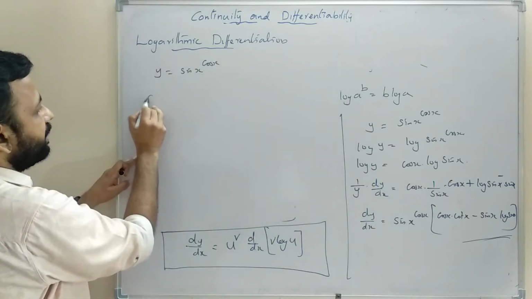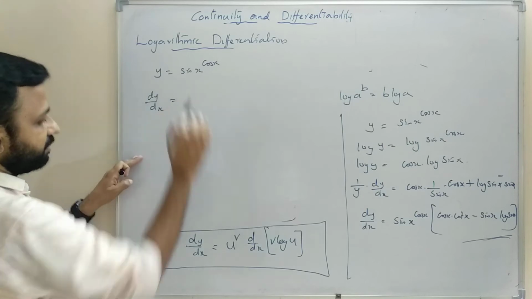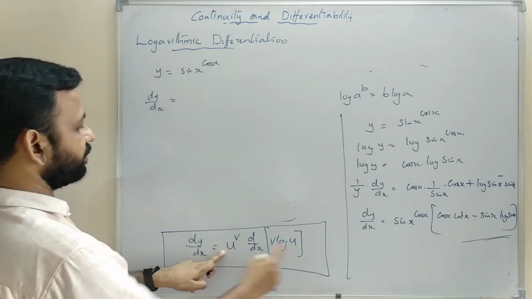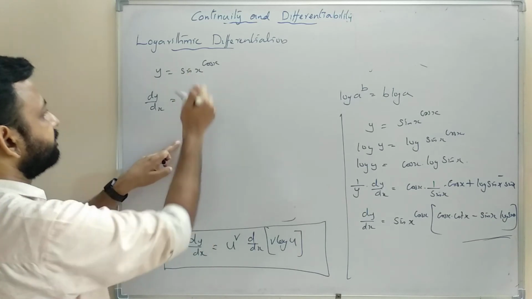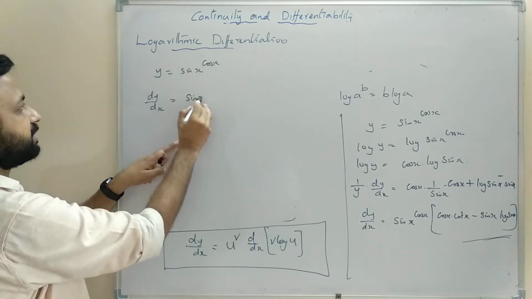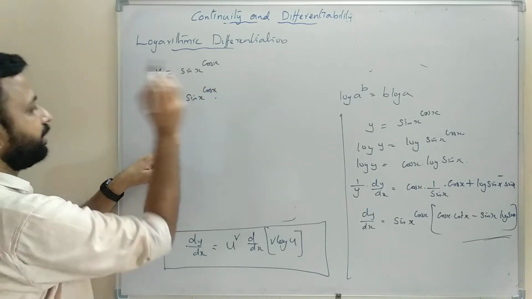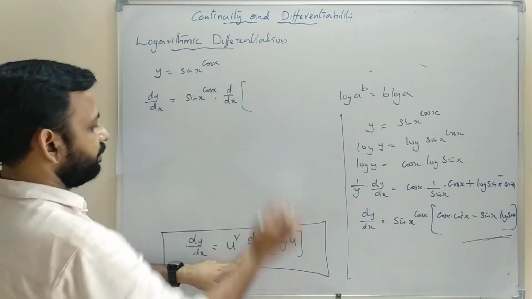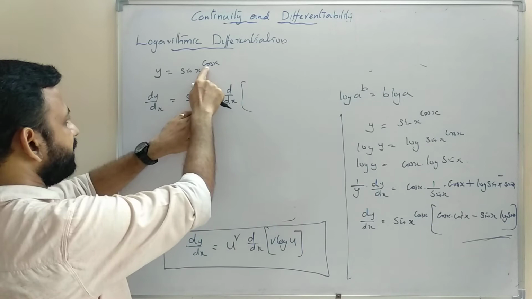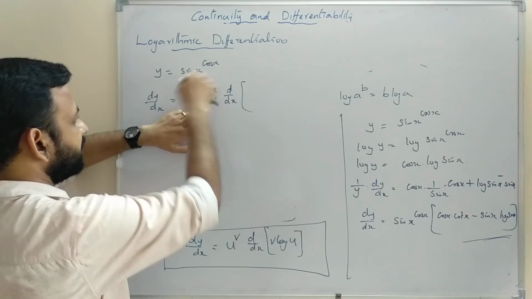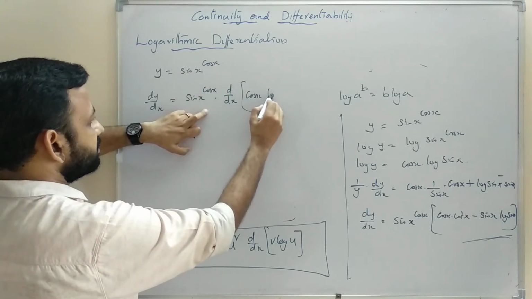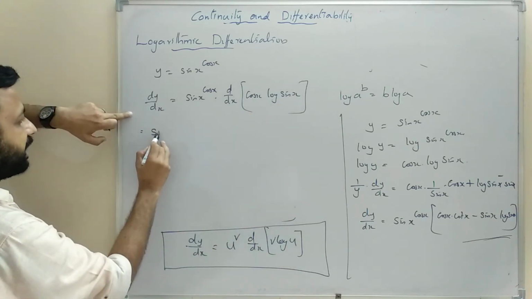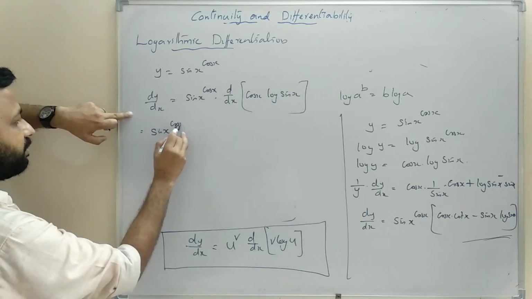Then dy by dx is equal to u raised to v into d by dx of v log u. So u raised to v is sin x raised to cos x into d by dx of v log u. So v log u, that is cos x log sin x, that is sin x raised to the power cos x.